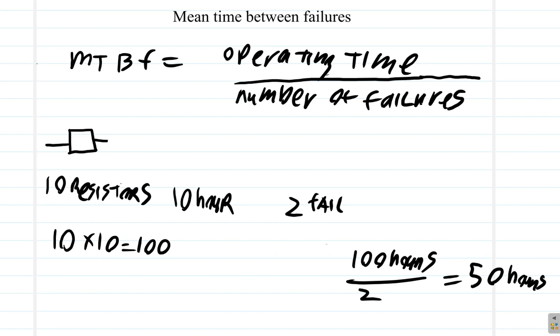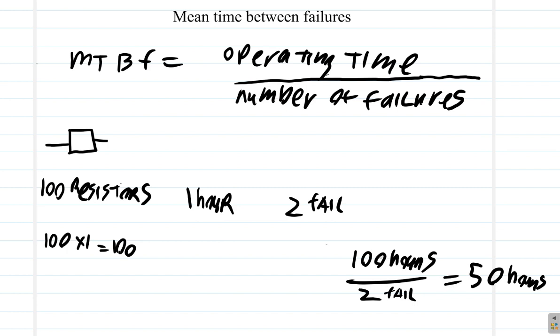Alright. Suppose now you go back to testing for 1 hour, and instead of 10 resistors, you had 100 resistors being tested. So if only 2 fail, then that's good performance. 100 resistors times 1 hour equal 100 hours total operating time. 100 over 2 failures is 50 hours.